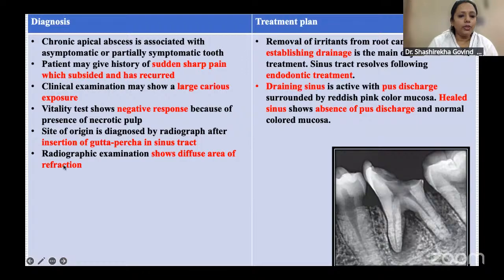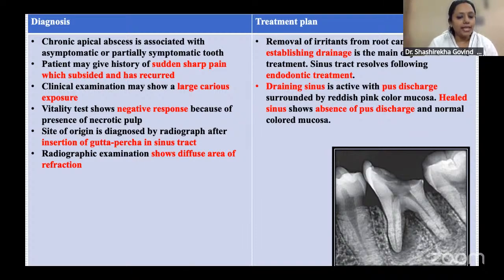So how will you diagnose this? When it comes to diagnosis, the chronic apical abscess is associated with being asymptomatic, and the patient will have a history of sudden sharp pain which subsided and has recurred.